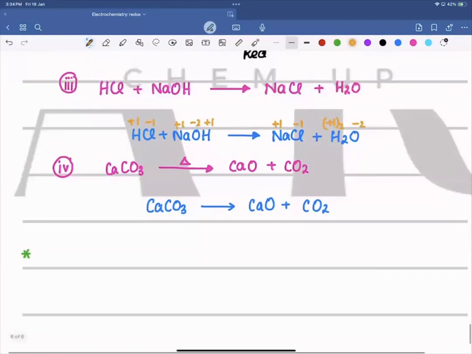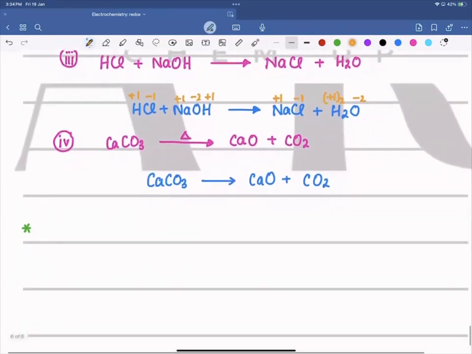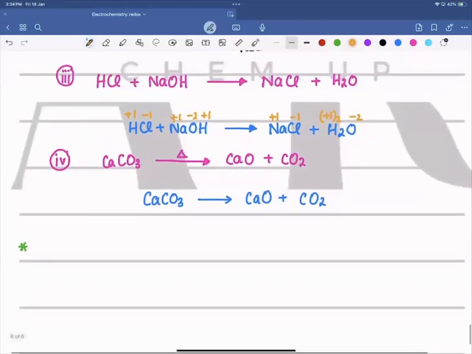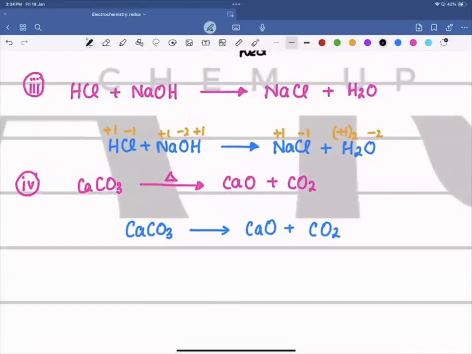Is this understandable to both of you? Yes, sir. So is there any element whose oxidation number is increasing or decreasing? Can you find any element whose oxidation number is either increasing or decreasing?